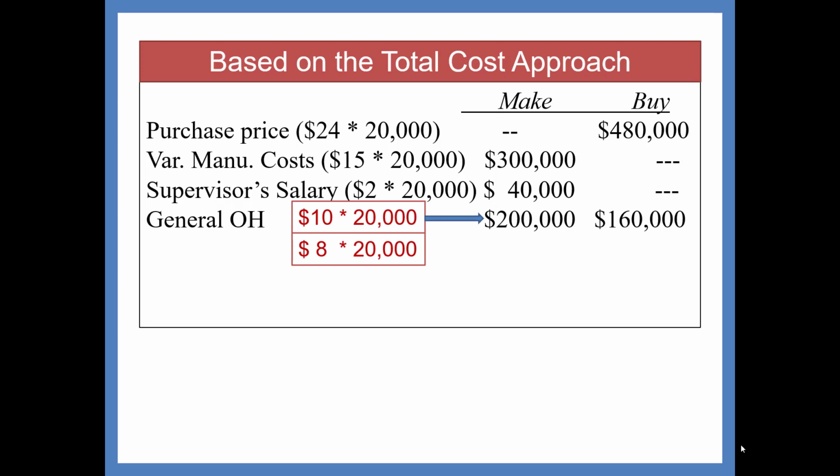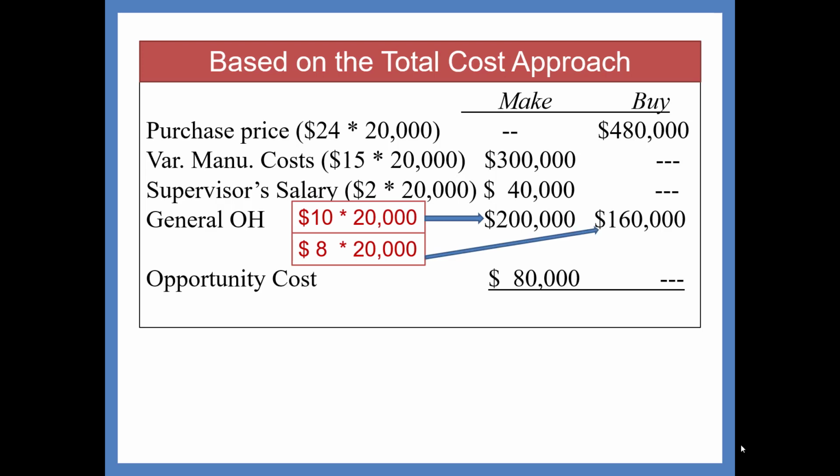So $8 times 20,000 is $160,000. Last, we need to consider the opportunity cost. If we make the part, we cannot generate the $80,000 of profit for the alternate use.